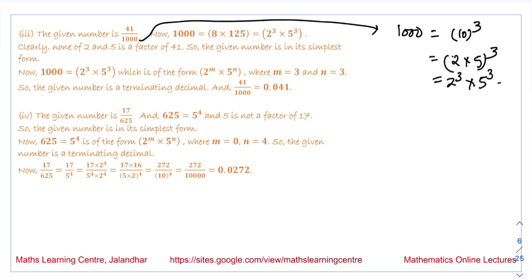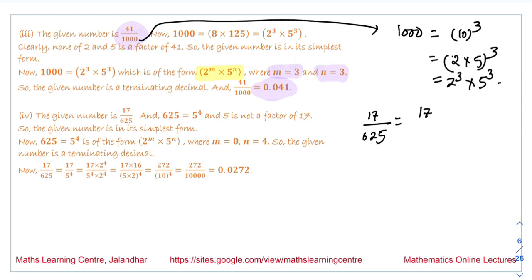So again it is of the form 2 raised to the power m into 5 raised to the power n. The value of m we get is 3, and the value of n is 3, and the decimal representation of this number will be 0.041.